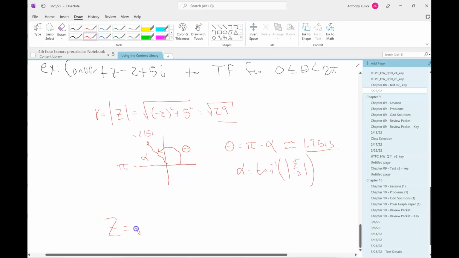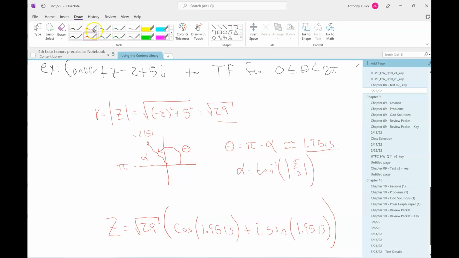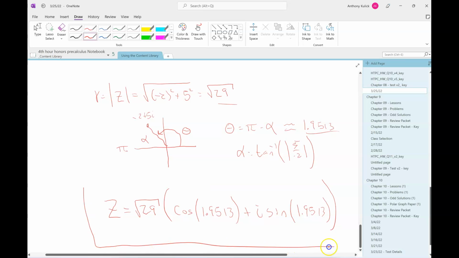So the trigonometric form for mine is square root 29 times cosine 1.9513 plus i times sine 1.9513. And that's my answer.